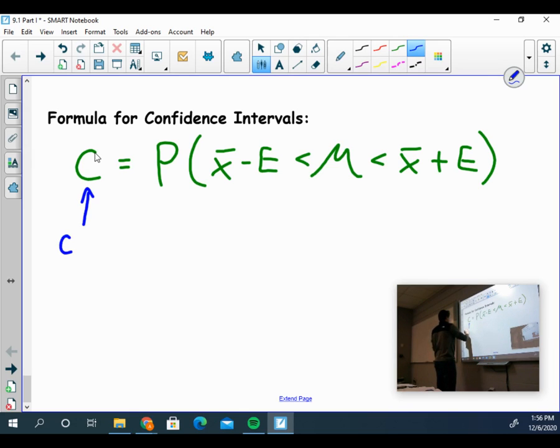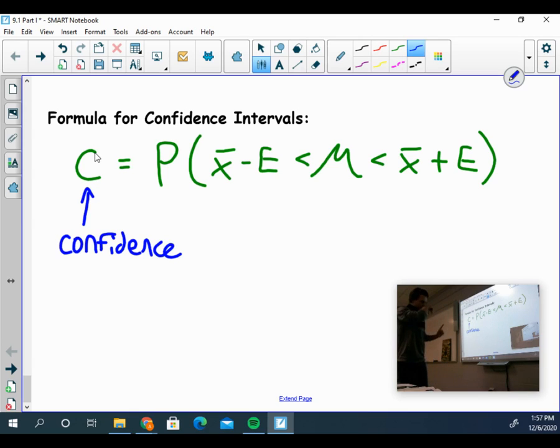C stands for confidence. This is going to be 90%, 95%, 99%, however confident we are in the range. That range of values is this.